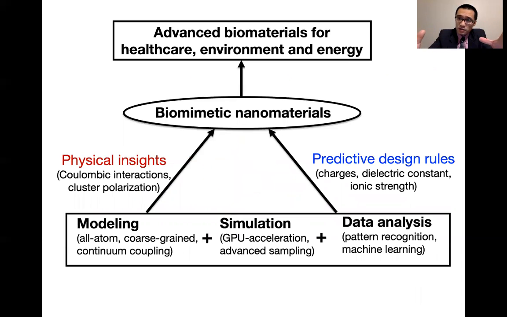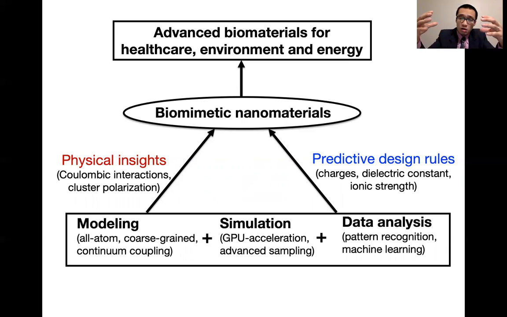So to summarize the whole theme of my research, and where I want to develop my research group towards, it is to combine the power of modeling, simulations, and data analysis to provide experimentalists and theorists not only physical insight into the nanoscale interactions between nano and biosystems, but also some design rules in terms of what kind of parameters we should use to synthesize building blocks so that they can assemble themselves into materials that not only look but also work like biological systems.